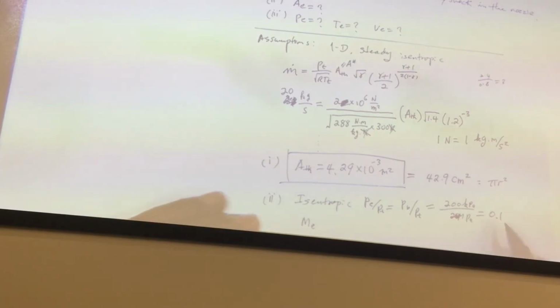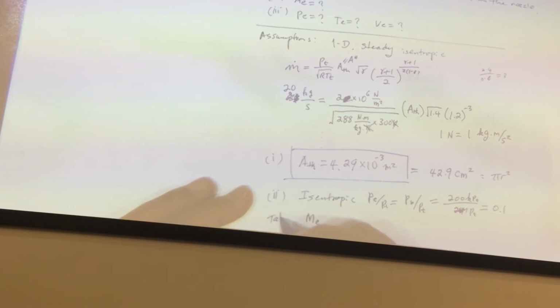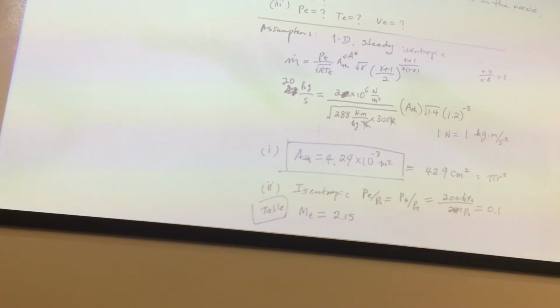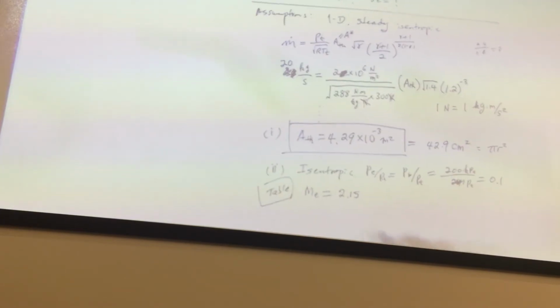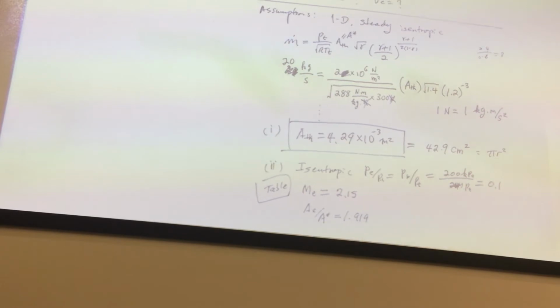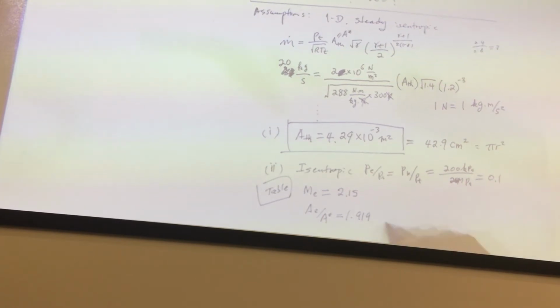Okay, so because of this, you use your table, you find out your ME is equal to 2.15. And if ME is equal to 2.15, your AE over A star is equal to 1.919. So then you will have your AE equal to 82.38 centimeters squared, which is larger as it should be, right?